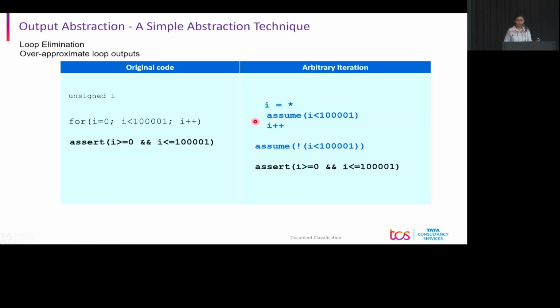If this is the last iteration, then the loop condition holds, and then this increment happens, that's the loop body, and then the loop condition doesn't hold anymore. So no matter what value of I we start with, thanks to these two assumes at these points, this assertion can be validated. It's very simple. We don't need to actually analyze the execution of the loop, except for this much.